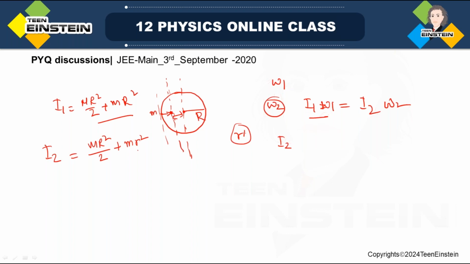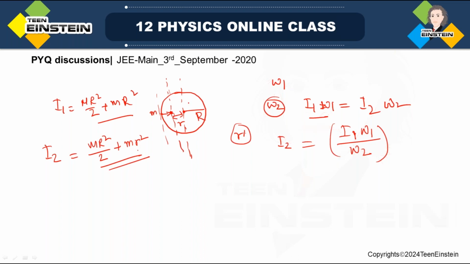Where omega 2 will be given. It is not very tough to find out, because you have I1 omega 1 and omega 2 as well. You have to find out the value of I2, and from there you do this calculation, so that you find out small r. All right, so this was a corollary from here.